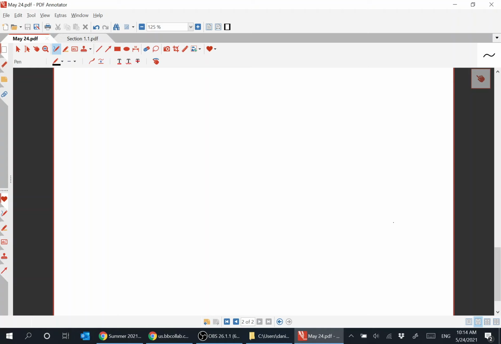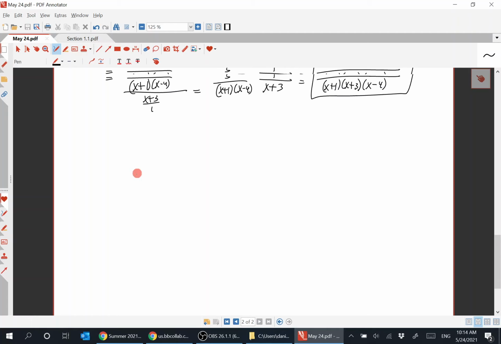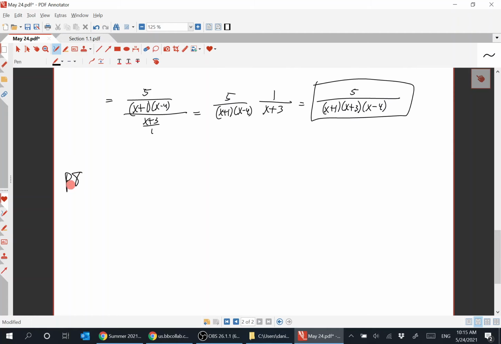Oh, so P8, we covered that last time. Let's do some problems in P8. So P8, 12 to 63, every third problem.